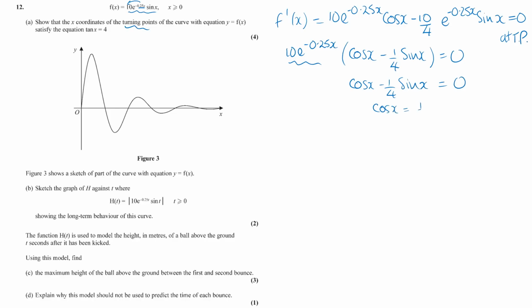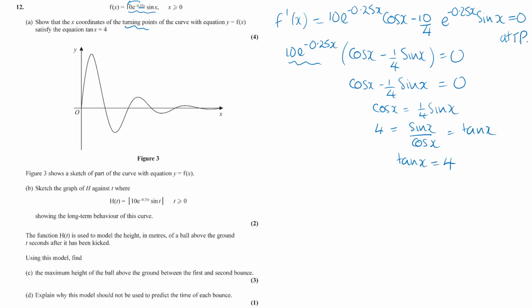Cos x is equal to a quarter sine x, and then just cross multiply. 4 is equal to sine x over cos x, which is equal to tan x. So we've shown that it must satisfy tan x is equal to 4.